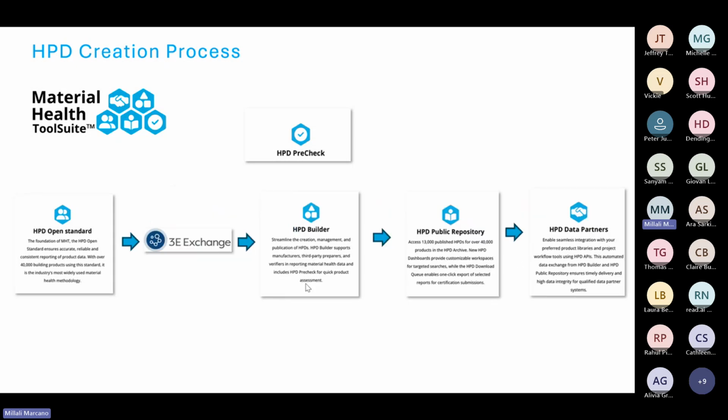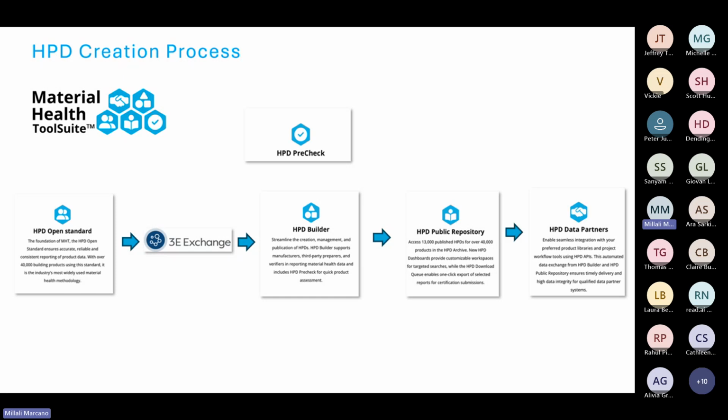Alternatively, there is a route with 3Exchange, and it also starts with the HPD Open Standard and understanding the data requirements. Then manufacturers can use 3Exchange to manage the data for HPDs and enter most of the information. Then this information has to be shared with the HPD builder, and this is done through an API.